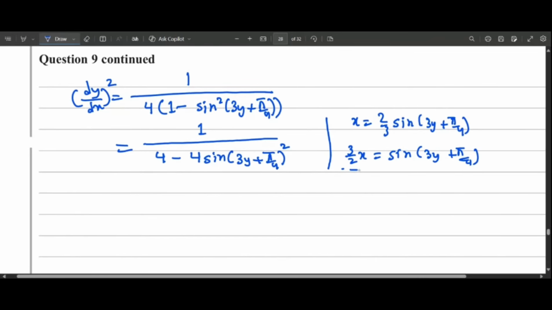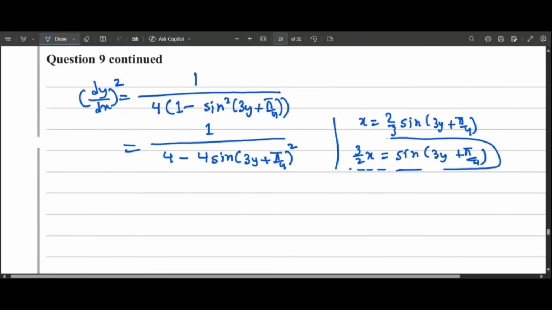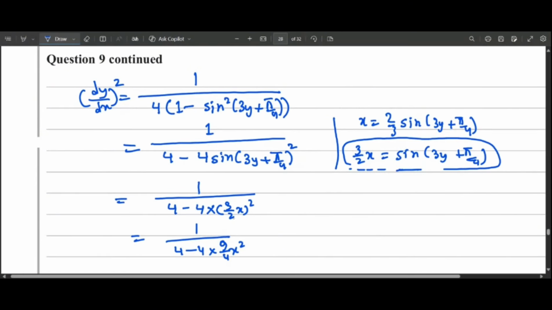So this ultimately shows us that we can replace sine 3y plus pi by 4 with 3 by 2x, and this is what we are going to do here. So 4 minus 4 into 3 by 2x whole square. Simplifying this will give us 4 minus 4 into 9 by 4 x square. Ultimately, what we get as the final expression is 4 minus 9x square. And this is our final expression for dy by dx whole square.